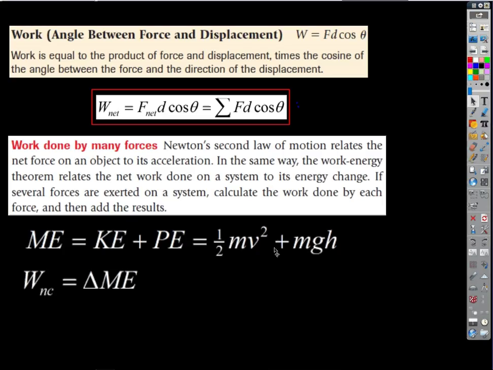Then any change in the total mechanical energy has to be due to work being done by non-conservative forces, right? The sum of those two gives us mechanical energy. If we, for example, lose some mechanical energy, then some work must have been done by a non-conservative force. 99 times out of 100, what's that non-conservative force?